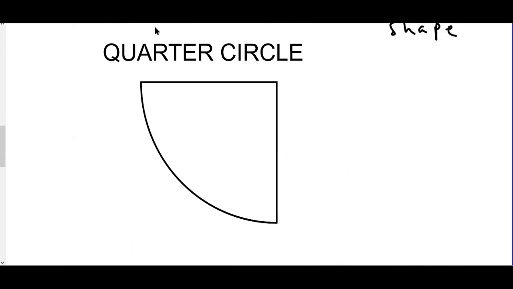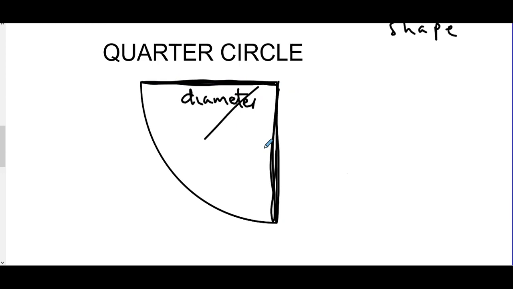What are these 3 parts? We have 2 parts which are flat. One part is here, it's flat. Another part is here, it's also flat. What do we call these 2 parts? These 2 parts are not the diameter.